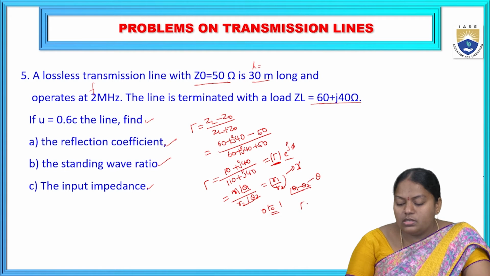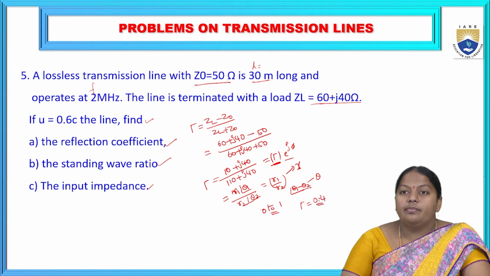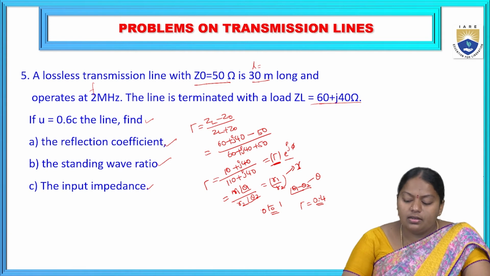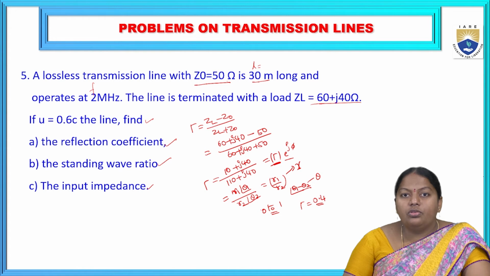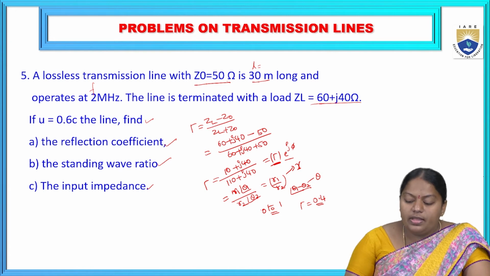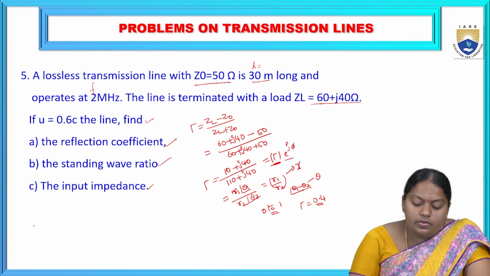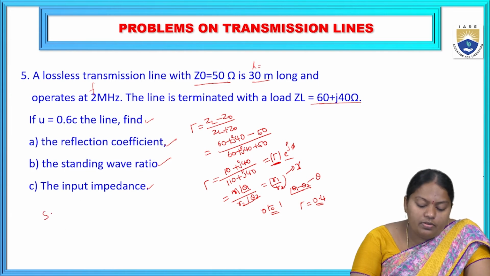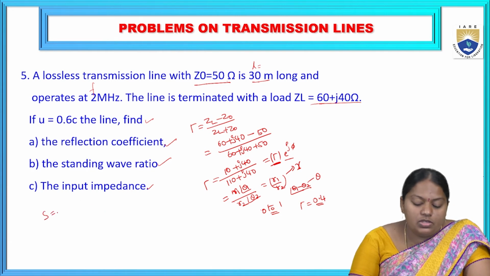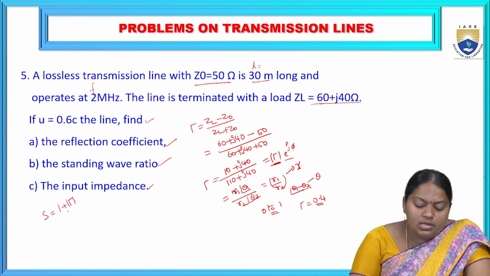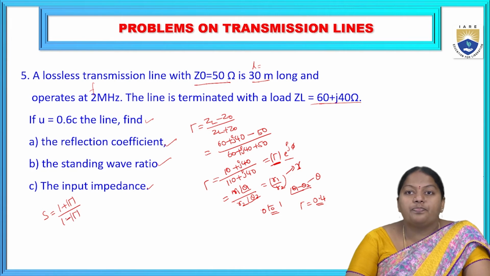Suppose we got this gamma value, let it be 0.4 as its maximum value. Then in this case we have to write the standing wave ratio S in terms of the reflection coefficient, meaning S is equal to 1 plus modulus of gamma by 1 minus modulus of gamma, right?